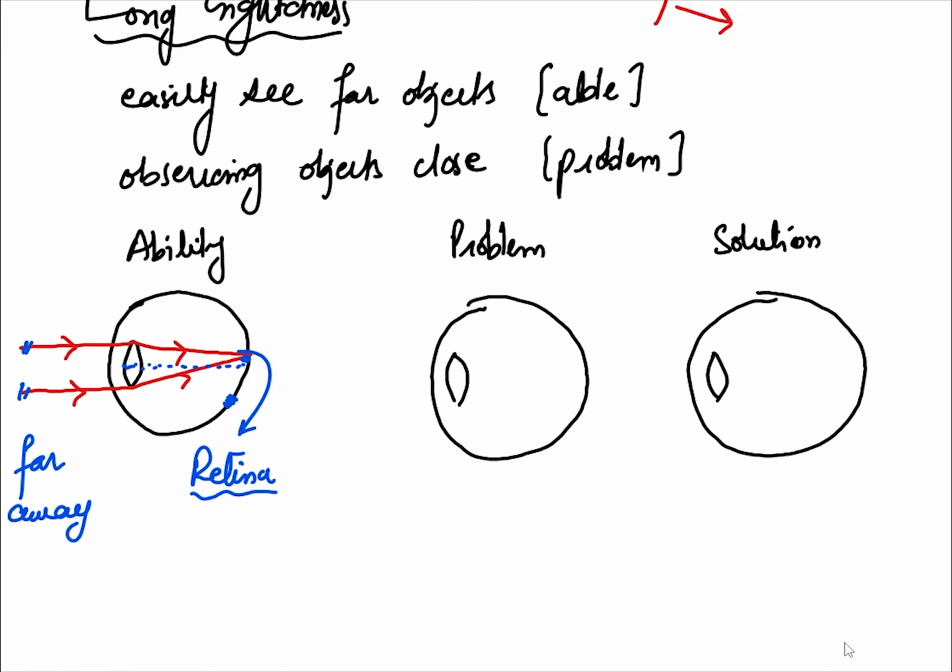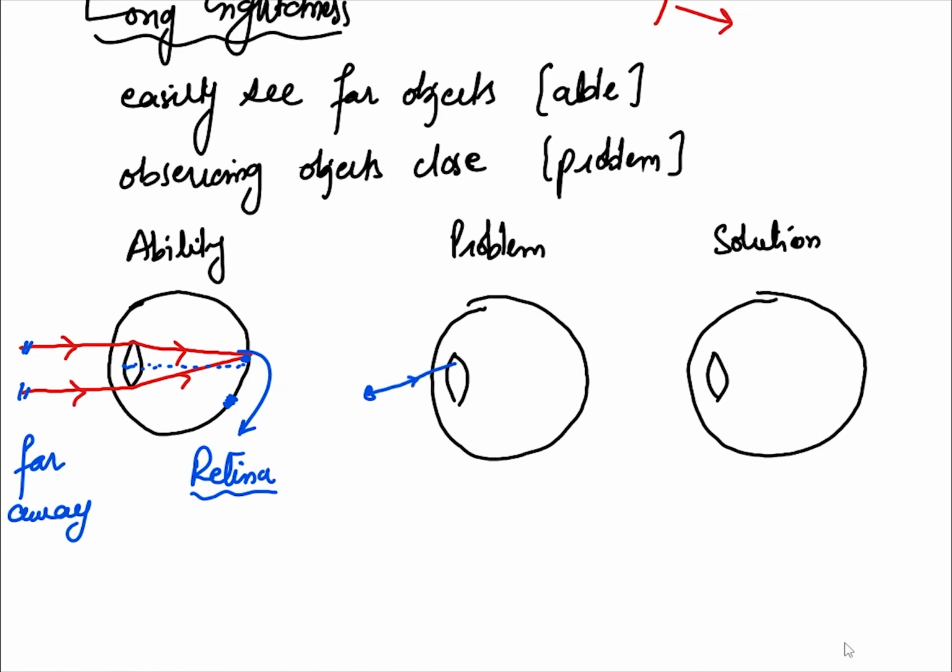Now we're going to move towards the problem, what they can't do. They can observe far away objects, but they can't focus on close objects. Objects that are placed close to them generally produce light rays that are diverging, and try to make sure that these light rays are passing through the lens. Because I'm drawing them freehand, I'm unable to do that properly.